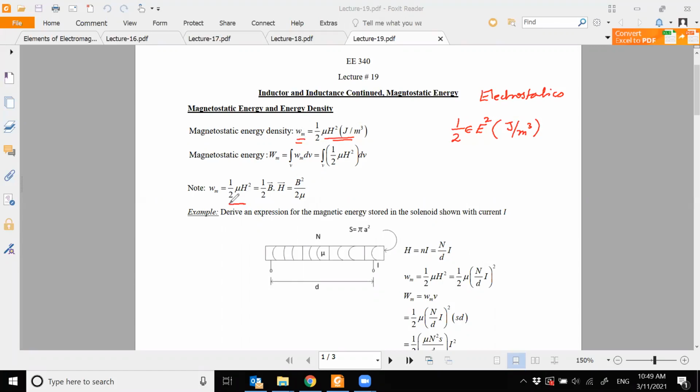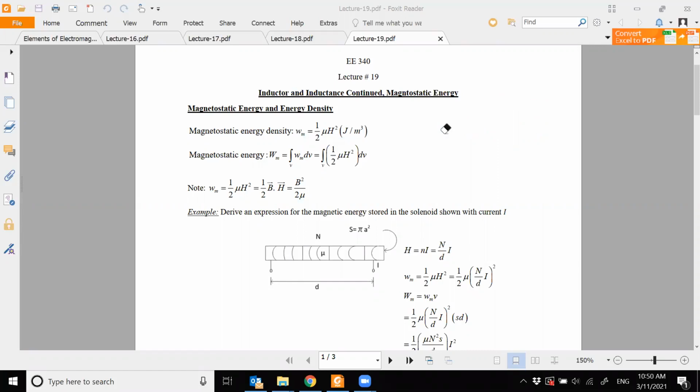There are other ways as well. So it is half mu H square or half B dot H or B square over 2 mu. Very similar to the electrostatics. It is half epsilon E square or half D dot E. Okay, so this is called the magnetostatic energy.